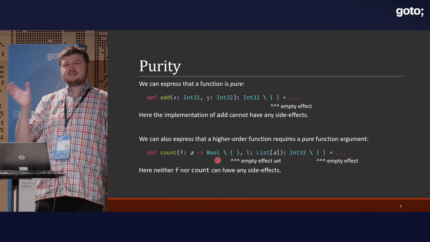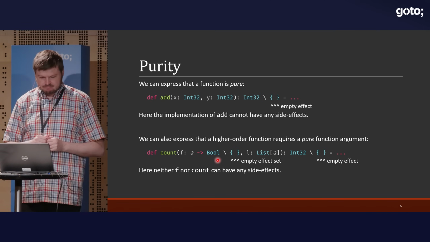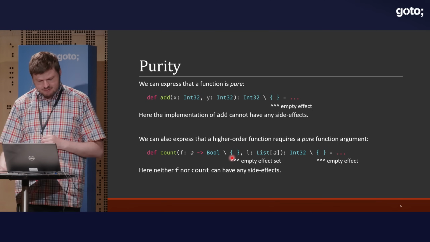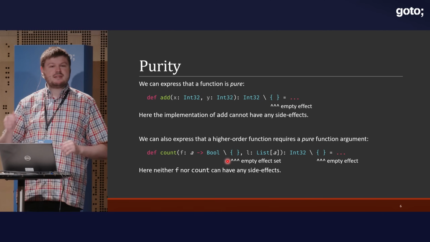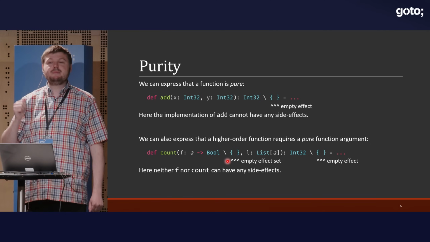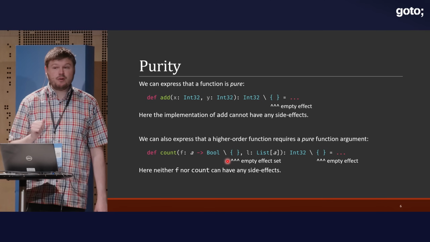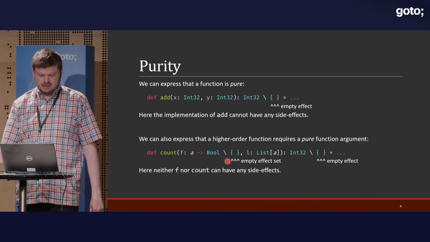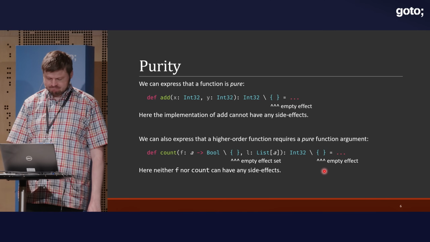So for example, you have a list of students, and you want to count how many students have a passing grade. If we write this where we've explicitly written the empty effect set here, that means that the function that's passed to count should be pure. It's not allowed to have any side effects. That's something we can enforce if we want. And in this case, we also say count itself doesn't have a side effect.